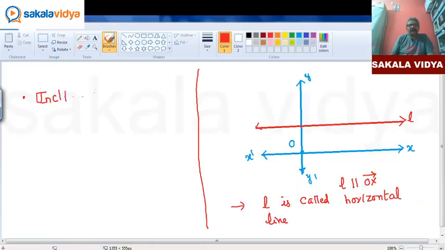Now, for example, you take a line parallel to the y axis, you draw like this. See, this line is M. This is making 90 degrees with x axis. Now, this M is called a vertical line.